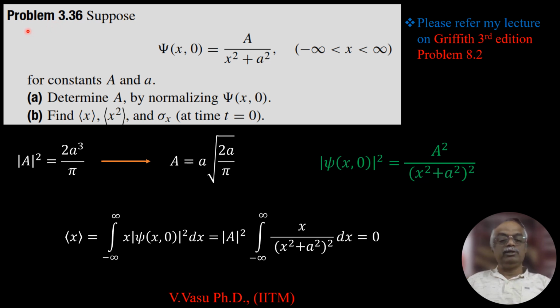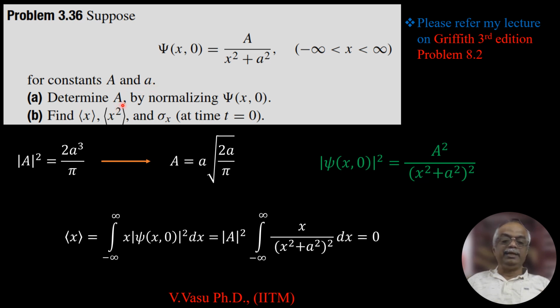Today we will solve problem 3.36 of Griffiths, Third Edition, Introduction to Quantum Mechanics. Problem 3.36 is: suppose we have the wave function psi of x, 0, which is equal to A divided by x squared plus a squared, between the limits minus infinity to plus infinity, for a constant small a.